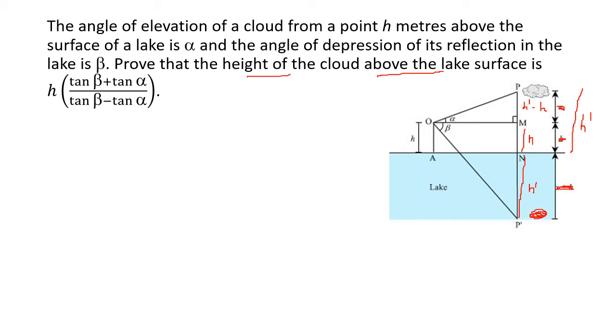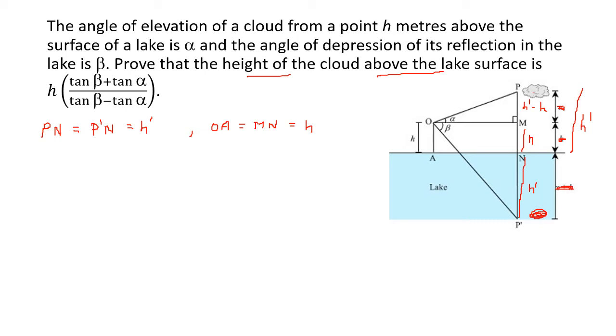What is the notation? Pn. I have to find Pn, the height of the cloud above the lake. So Pn equal to P prime n. Because the reflection is both the same, I will call it h prime. And we have OA equal to Mn, and I will call it h.